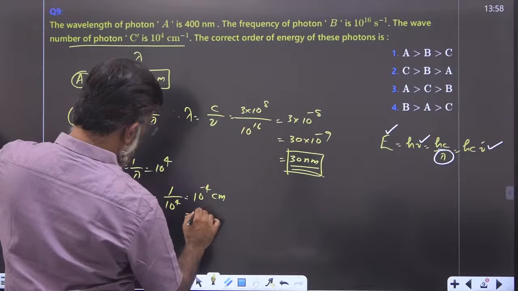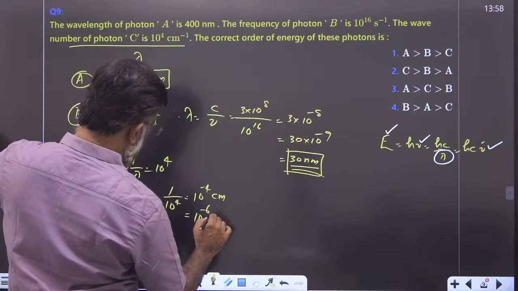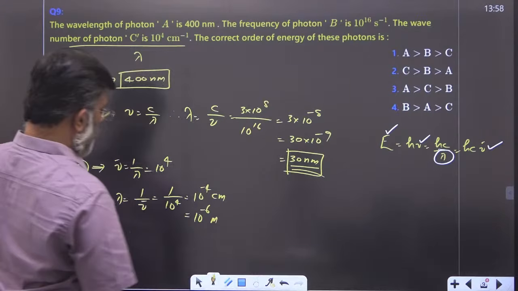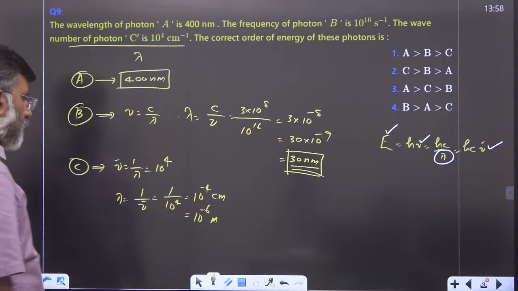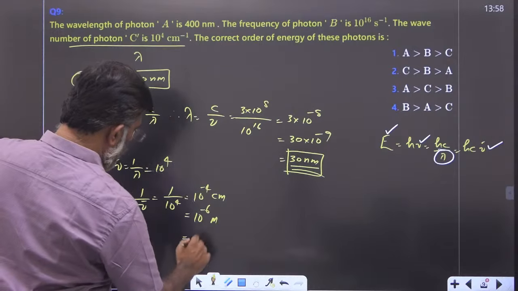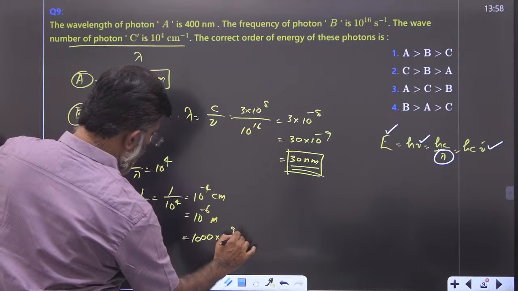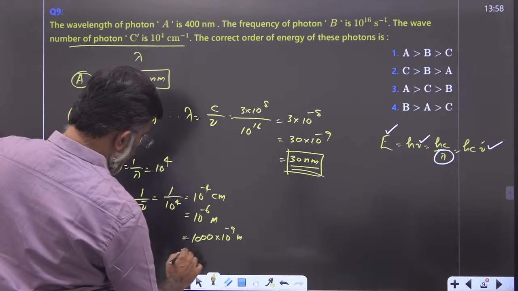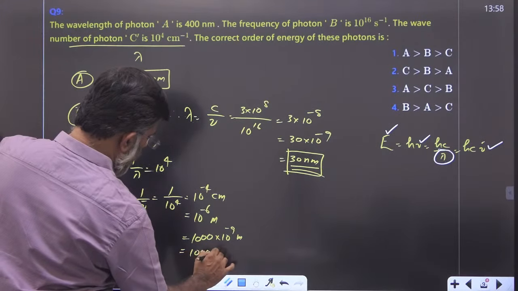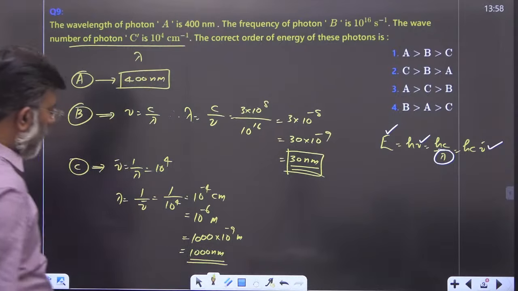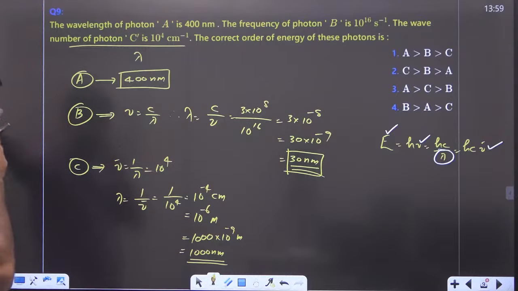So it is 10 power minus 6 meter. That is 1000 into 10 power minus 9 meter. That is 1000 നാനോമീറ്റർ. ശരിയല്ലേ? എവിടെയെങ്കിലും തെറ്റിയിട്ടുണ്ടെങ്കിൽ പറയണേ.